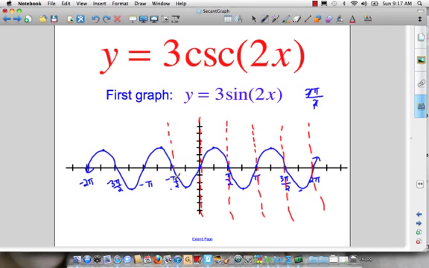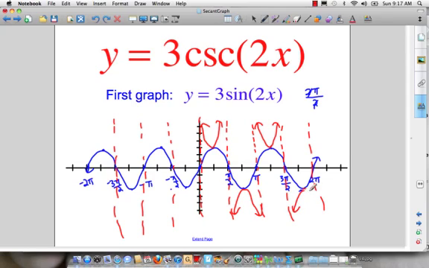And then once you have all these asymptotes sketched, you just draw in the reciprocal function like this. And this graph is several periods. When you graph them, I'm going to want you to graph at least 2 full periods.